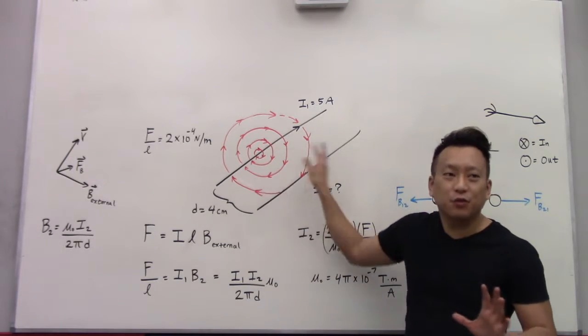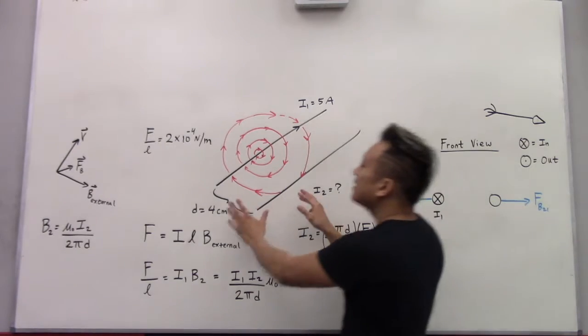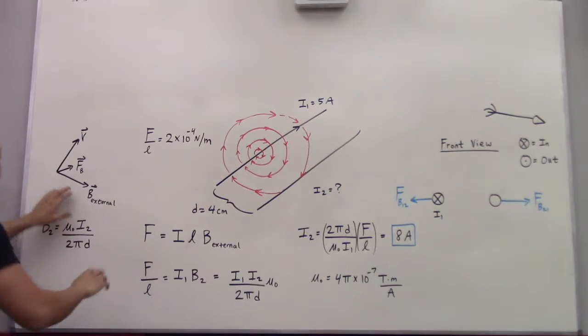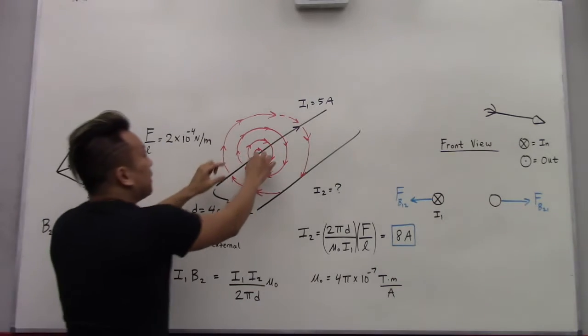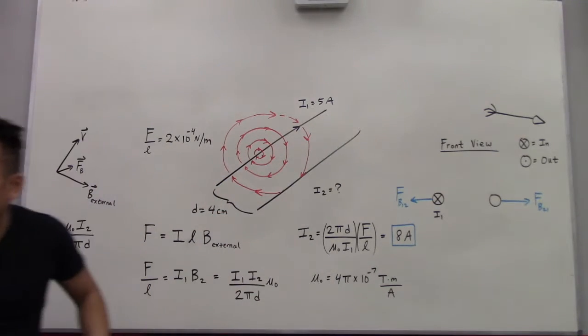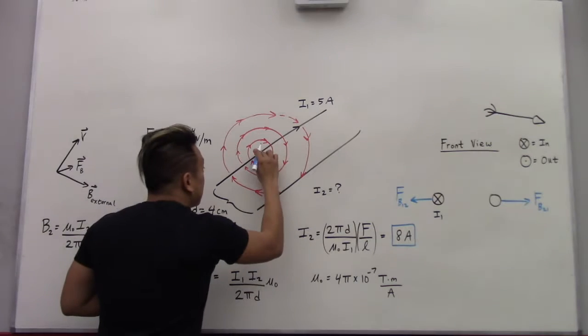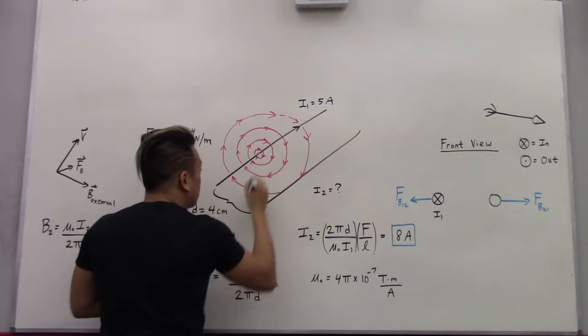But the thing is, you have two wires, and the first right-hand rule is you have a velocity of some charged particle, and you have some external magnetic field acting on that charged particle at that point. Then that charged particle is going to feel a force perpendicular to those two vectors. Okay? So think of this point as being a charge. At that instant, at that little point right here, it's a little charge.